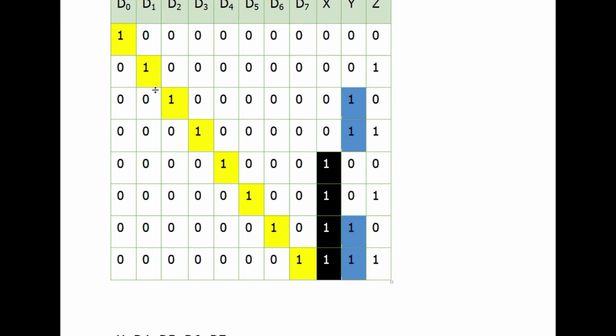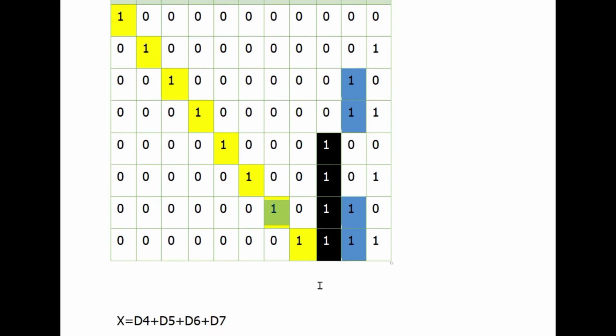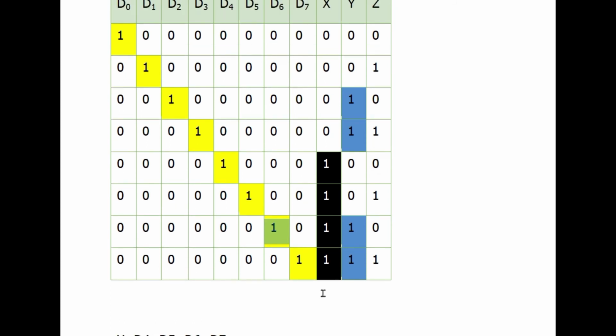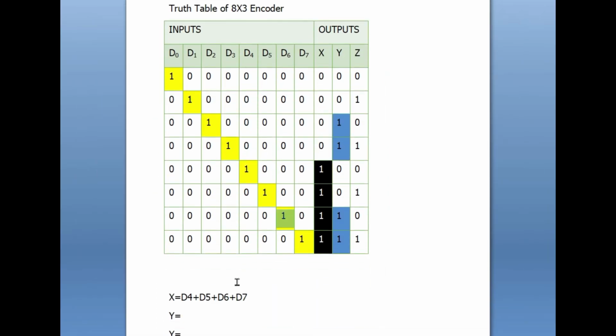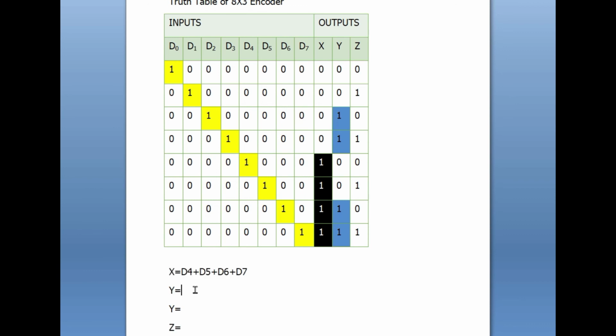Y receives 1 because of the input D2, this one is because of D3, and the remaining two ones are because of D6 and D7. So we can write Y = D2 + D3 + D6 + D7.